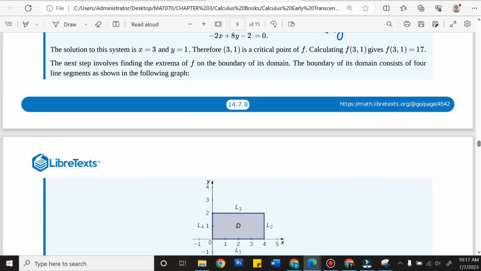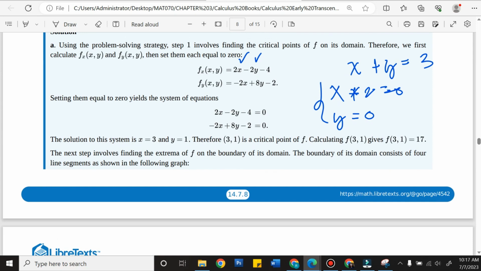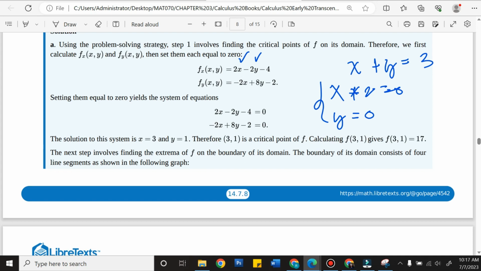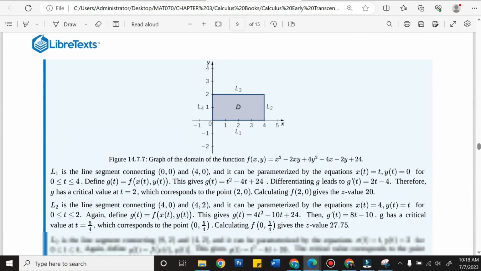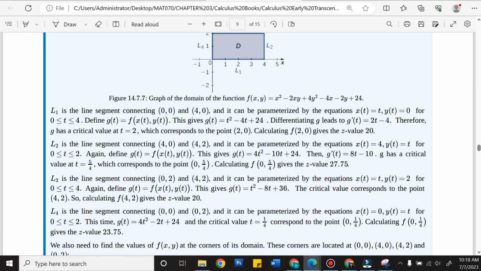Now, let's proceed further. After getting your critical points, which is (3, 1) here, let's now proceed to the second step. Now, your graph, class, looks like this. This is your domain. Okay?